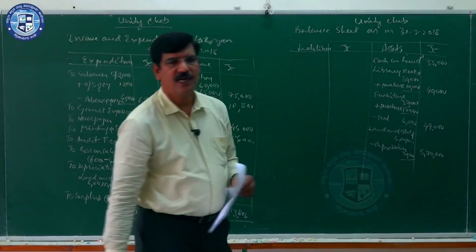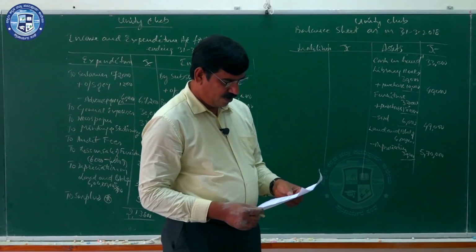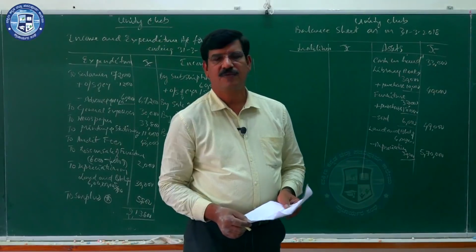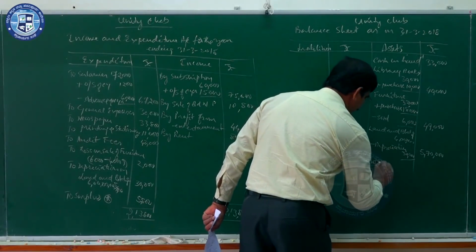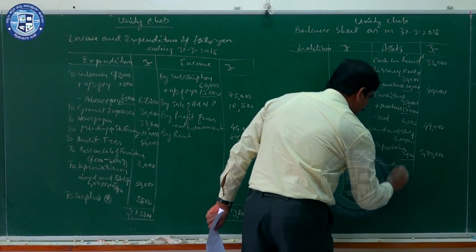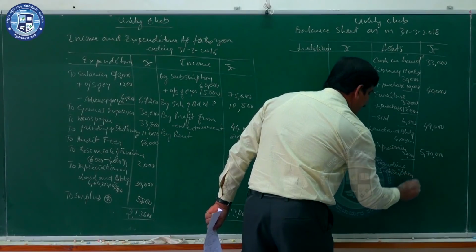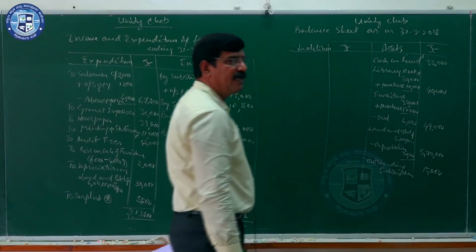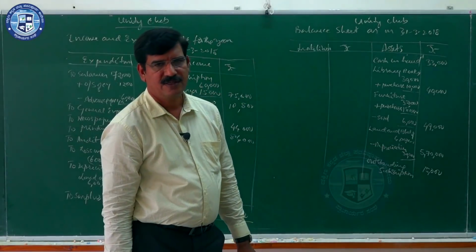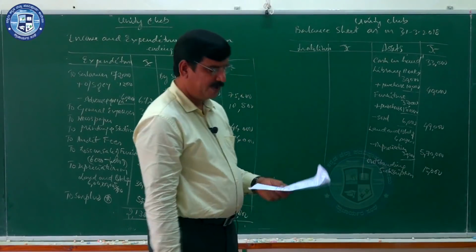Now only outstanding and prepaid items are left. Look at the adjustment. Outstanding subscription asset 15,000. That is what we have calculated. 75,000 minus 60,000, 15,000 is the outstanding subscription.